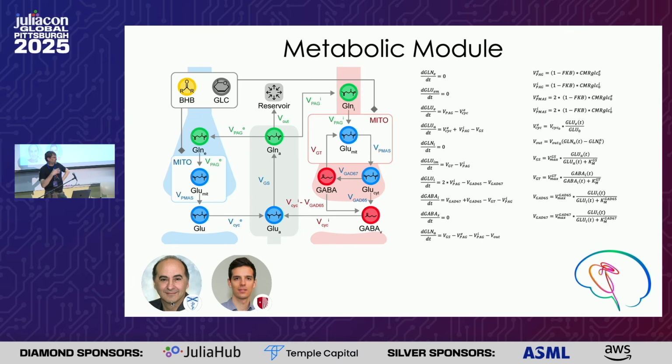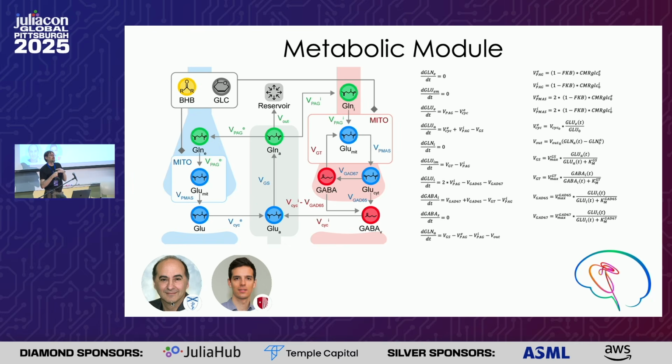There's a lot of interest in how diet affects the brain, and there are a lot of effects in aging. There's a theory that as you age, your energy levels are going down, your ATP levels are going down, and this is something we really want to model, and we have a lot of research on this. So it makes sense to figure out how metabolism affects the nervous system.